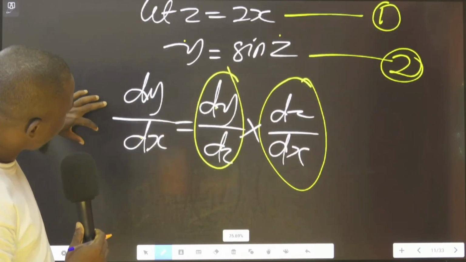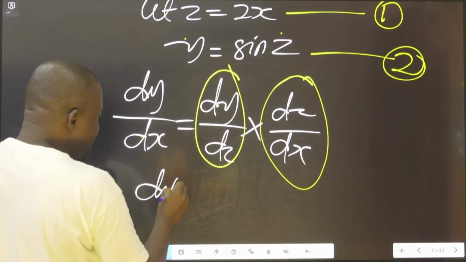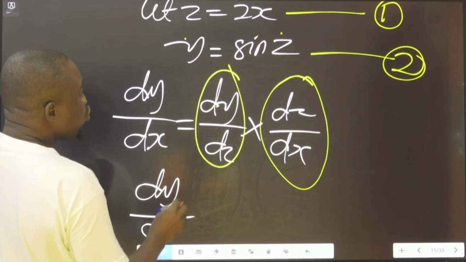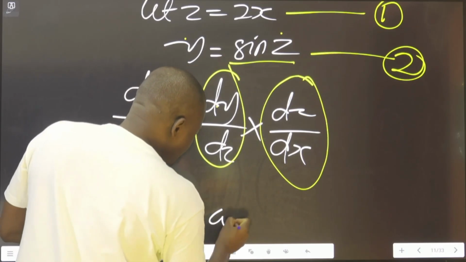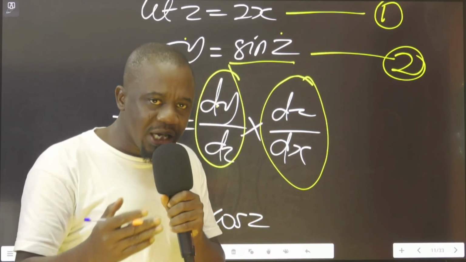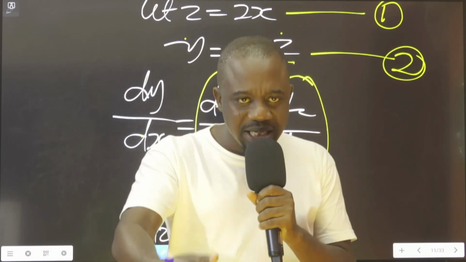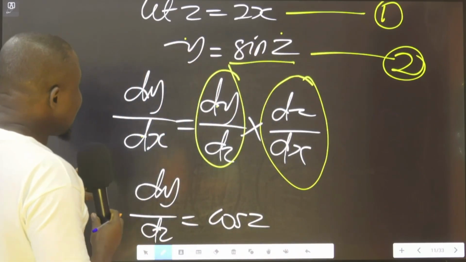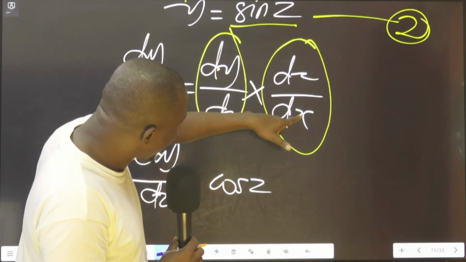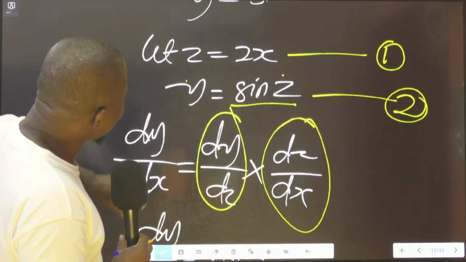So from equation 2, we can do dy over dz, which is cos z, because the differentiation of sin is cosine. Now let's go for dz over dx. What is z?